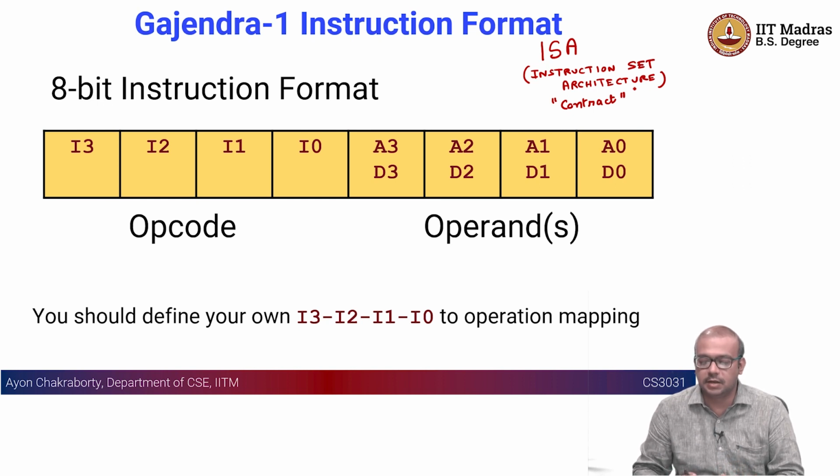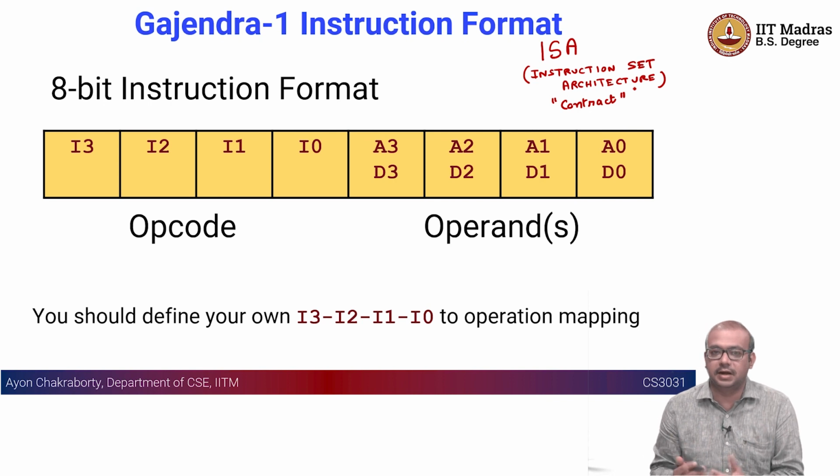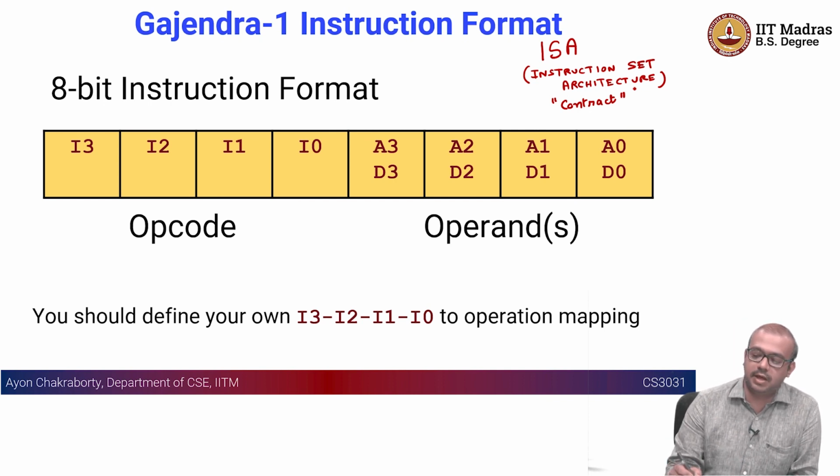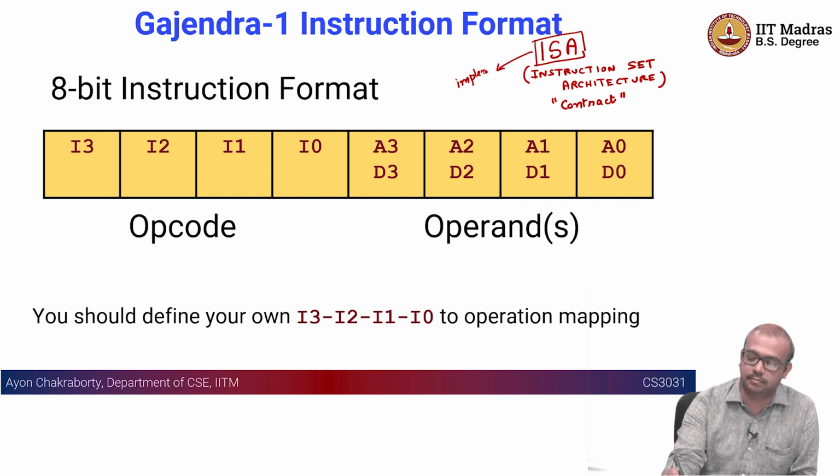It depends on the micro architecture, how actually this instruction set architecture is implemented. So we are specifying this ISA to the software world, and we are going to implement this ISA, which is actually called a micro architecture.